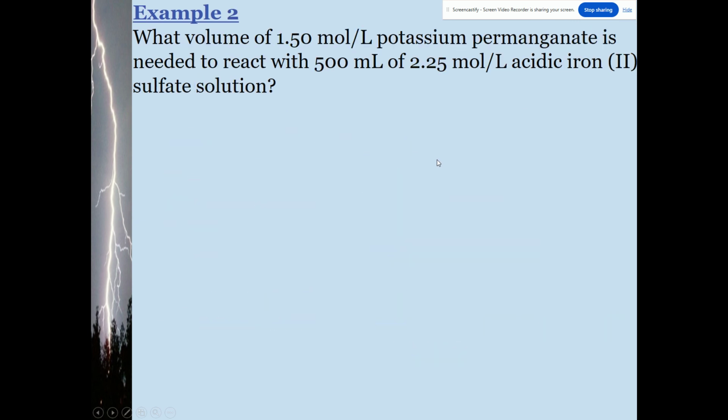So the next example is a solution, 2 solutions actually. We are taking a solution of potassium permanganate and reacting it with an acidified solution of iron 2 sulfate. Okay, so if I list everything that I have present, we have potassium ions, permanganate ions.